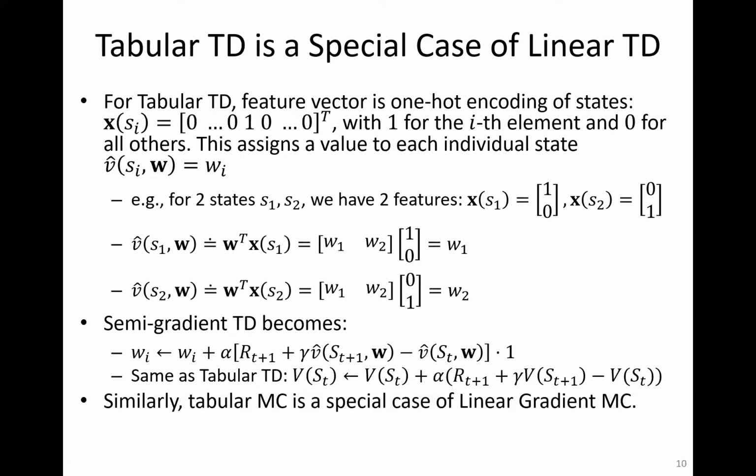The feature for S2 is a vector of 0, 1. And then the value function for S1 by definition is equal to w1. The value function for S2 is equal to w2. So the features simply pick out the corresponding weight for that state. So it assigns a value to each individual state. That's the tabular TD.